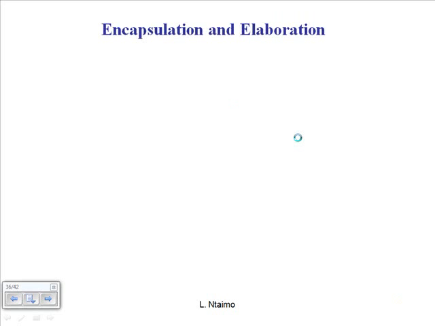I want to introduce another concept in systems thinking, which is known as encapsulation and elaboration. Okay? Encapsulation, as the word implies, it means you are encasing something. Okay? Elaboration means you are basically expanding.